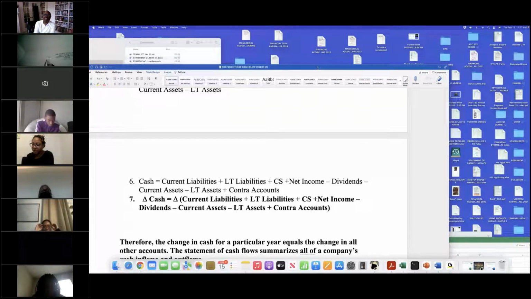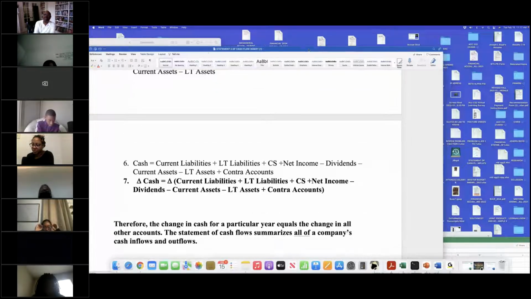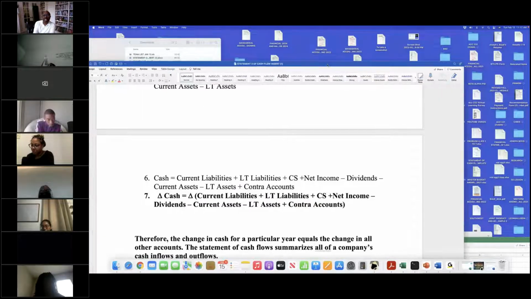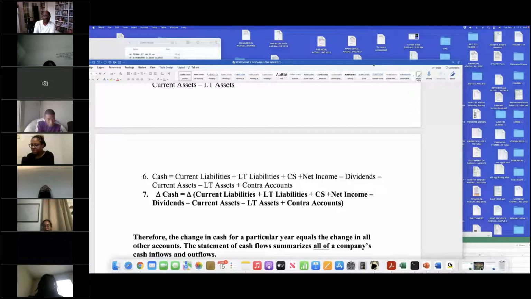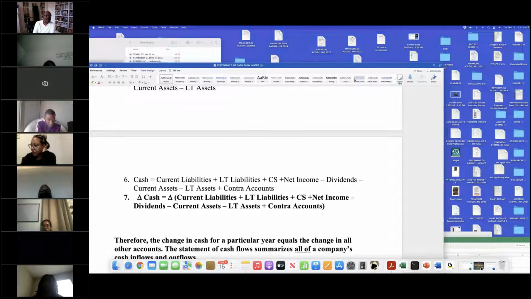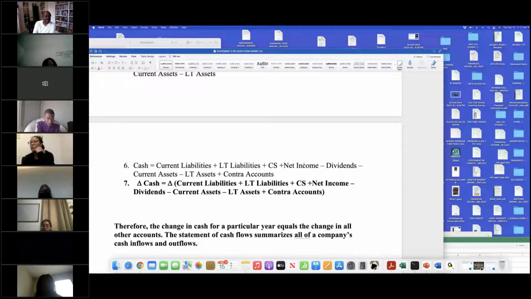That's a good question, Mary. How would this equation look if I told you to solve it to get the net income? Would you swap net income and cash and then subtract cash? Because if you move it to the other side, you have to make it negative, so it would subtract, and then you move net income to the other side.